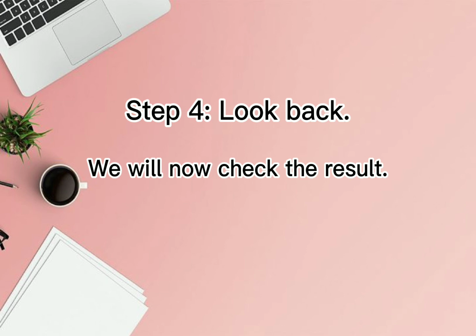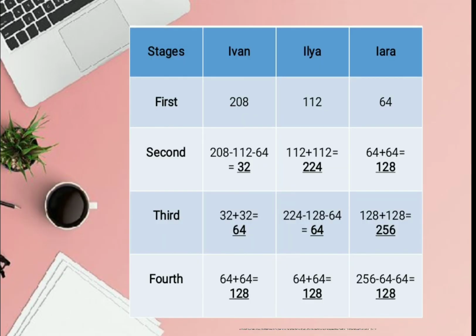Step 4. Look back. We will now check the result. The technique is to add the initial money to the given money. The number that we will add is from the clue as much money as each has. Therefore, 112 will be twice its amount, or 112 plus 112 is equal to 224. Same process with Ayara. We double the current amount of her money because of the clue as much money as each has.